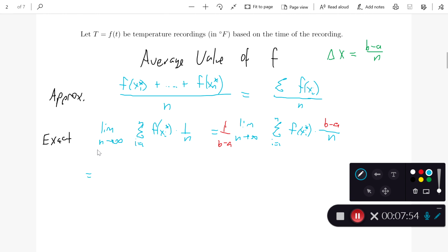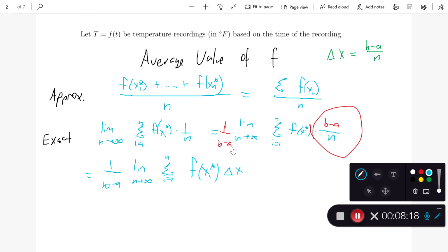Then what happens is I've got 1 over b minus a, the limit as n goes to infinity, and then the summation of the function value. And now notice how this whole part here is just change in x, the delta x part.